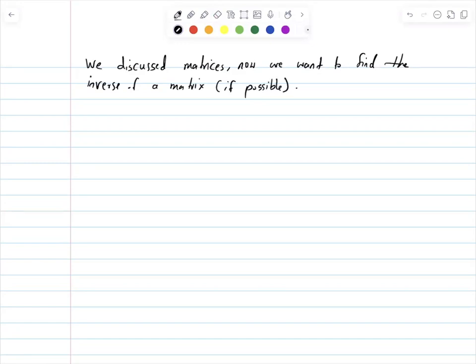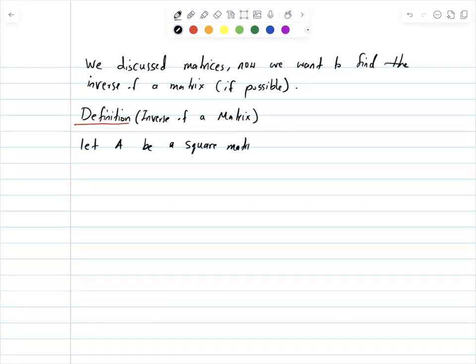Let's begin with a very easy definition. Definition of the inverse of a matrix. Suppose you have an n by n matrix. Let A be a square matrix of order n.